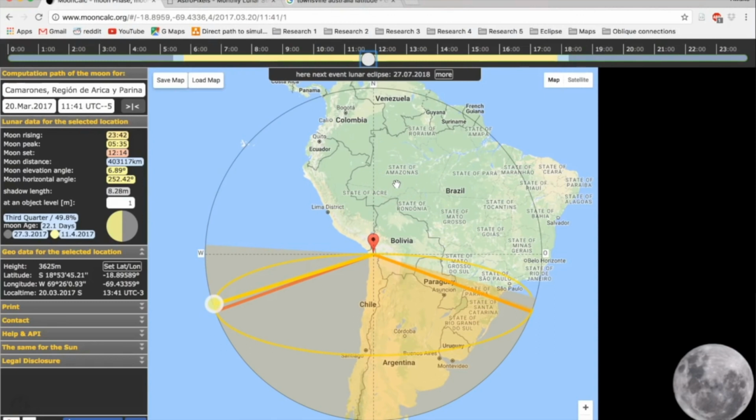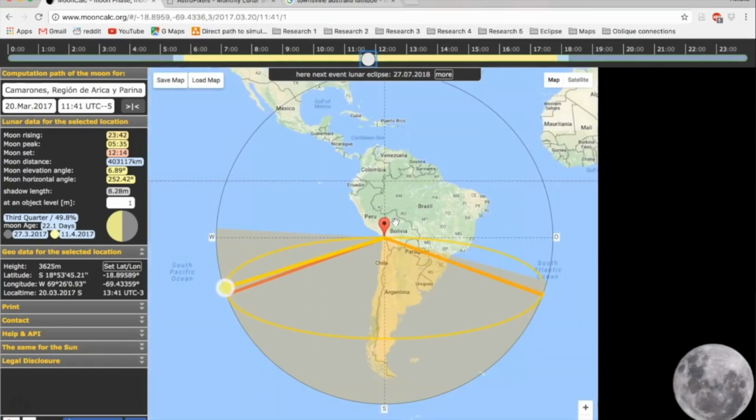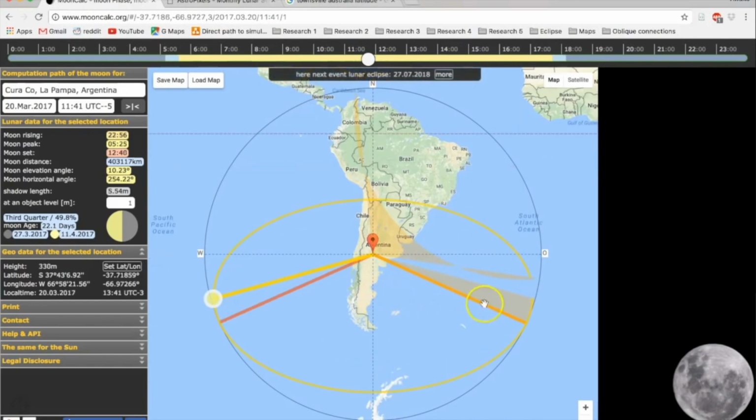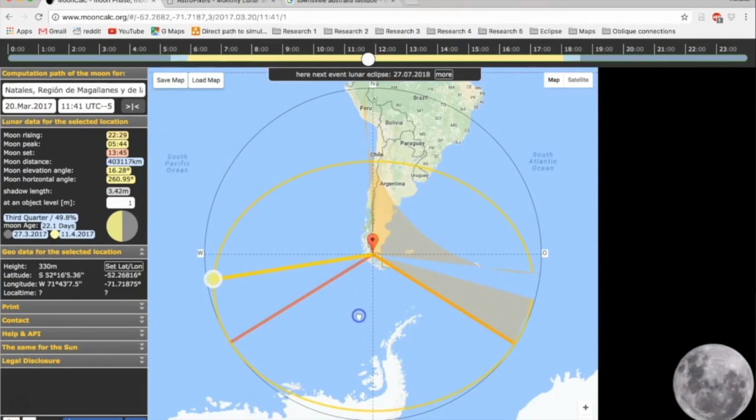Now I'm just going to back this up a little bit here and show you that the farther south you go, the more extreme the rise and set angles will be. You see how these angles have become steeper? So now the rise, I'd have to go to the day before, but you can see now when it's setting, it's at 239 degrees here.